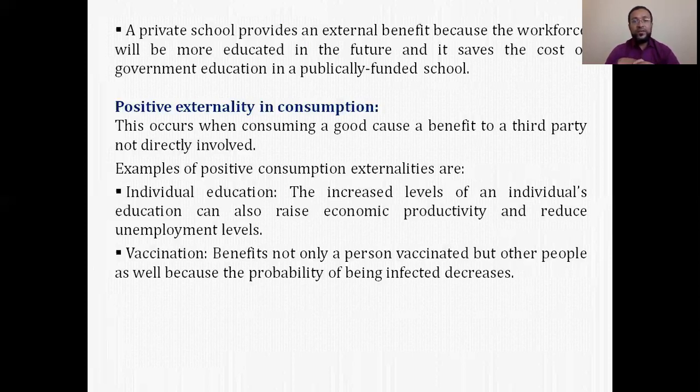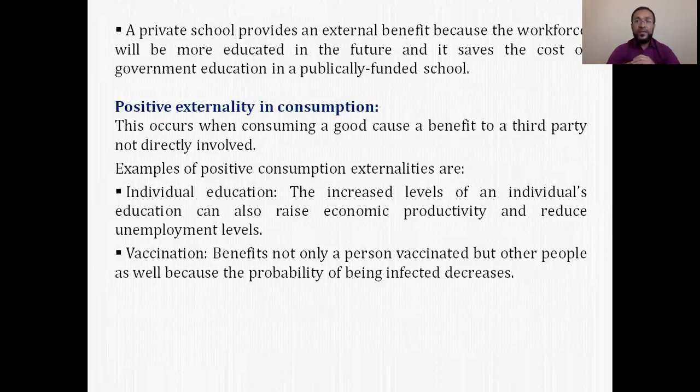This occurs when consuming a good causes benefit to a third party not directly involved. All right. Okay, let's consider these two following examples in this case. First of all, individual education. The increased levels of individuals' education can also raise economic productivity and reduce unemployment levels.